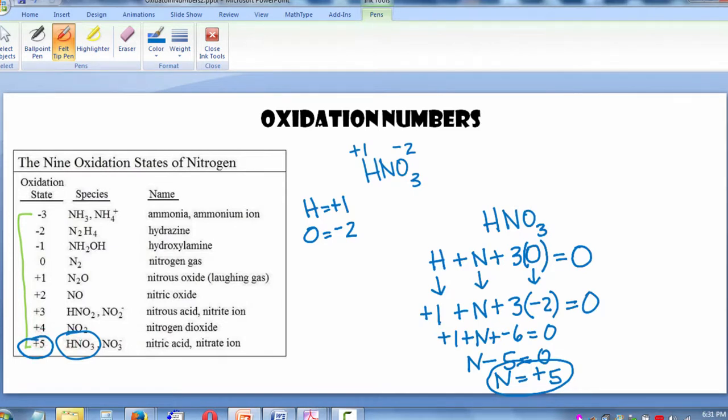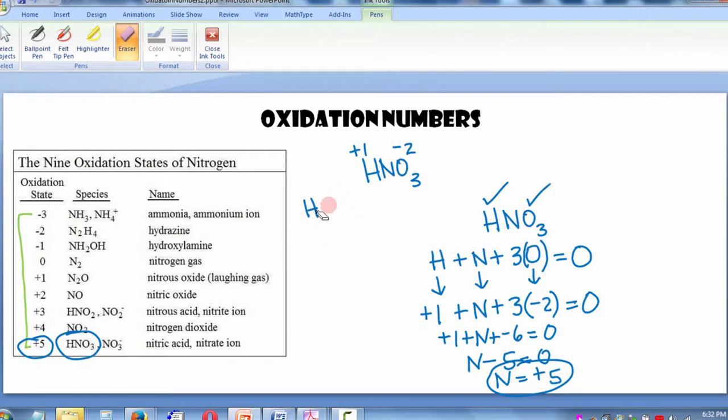+5. So what? We knew one less in the compound. We knew one less of the oxidation states of each atom. We knew hydrogen and we knew oxygen. And we had to solve for nitrogen. Okay?